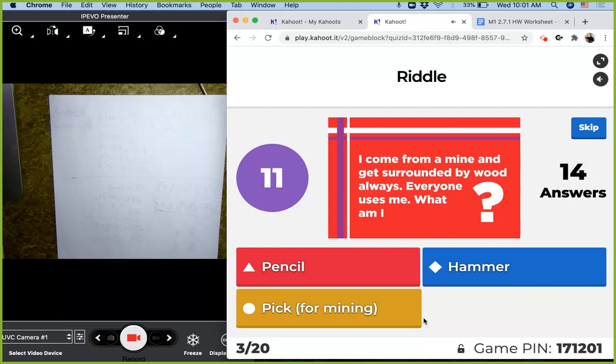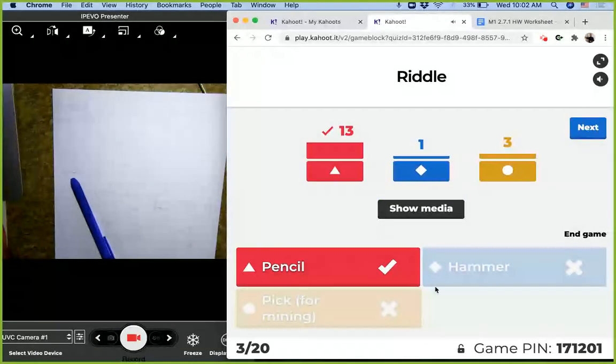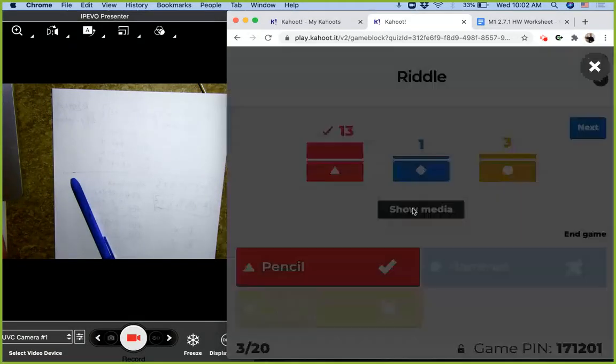These kind of like brain breaks are going to be quicker. 2, 1. All right. Hey, not bad. A pencil. All right, that's good. And a hammer, pick for mining. Those are reasonable.